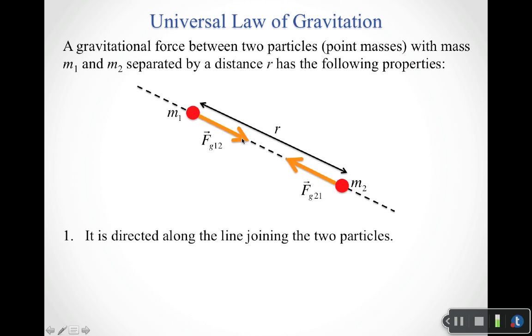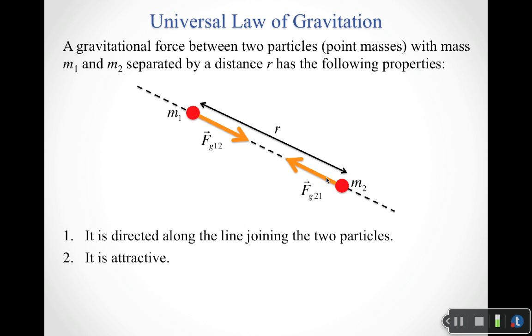Mass 1 feels a force exerted by mass 2, so it is gravitationally attracted towards mass 2. Mass 2 is gravitationally attracted towards mass 1. Both forces are directed along the line joining the two particles, and both are attractive. So gravitational forces are always attractive.